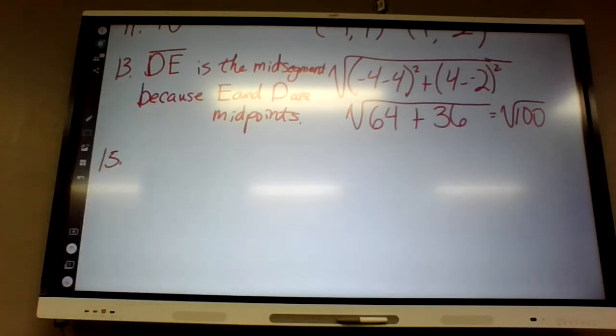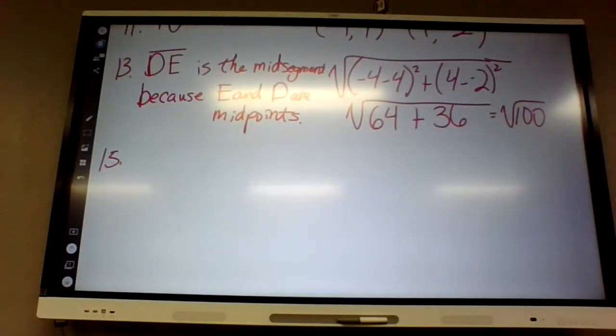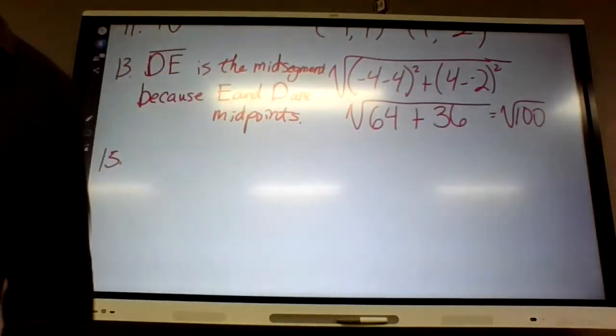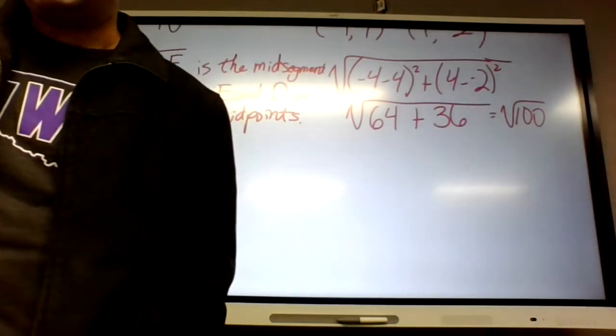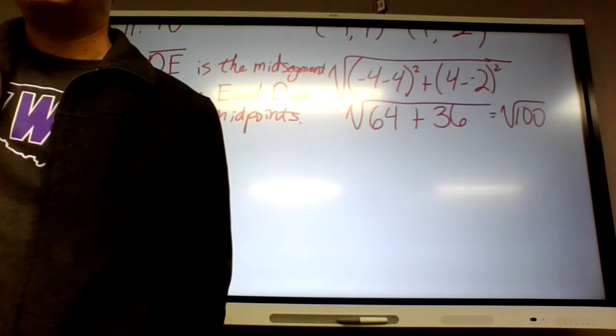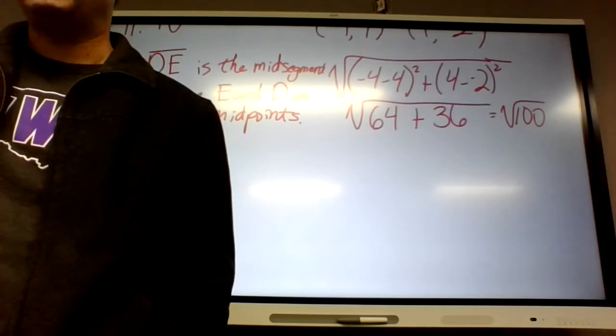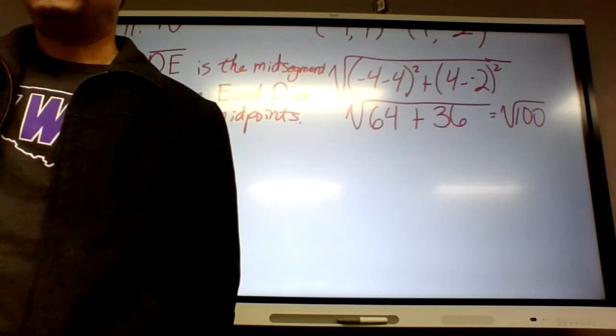In this next picture on number 15, all the triangles in the middle are made up of all the mid segments. Do you guys see XY in the picture? Does anybody know how to find the length of XY? Times 2.